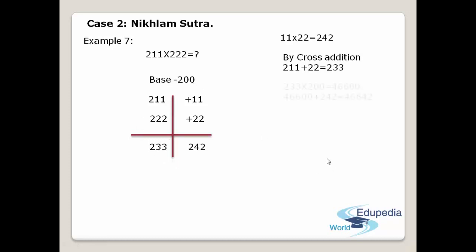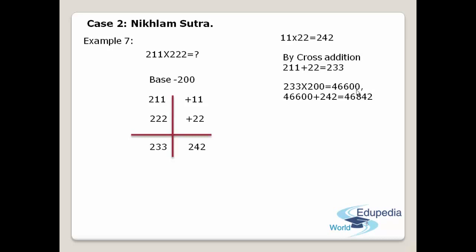When you multiply 233 with 200, you will get 46,600. See here, 2 3s are 6, 2 3s are 6, 2 2s are 4, and the 2 zeros you just write on here. So the answer when you multiply 233 with 200 is 46,600. After getting this, you add the number you have got on the bottom of the right column, that is 242.